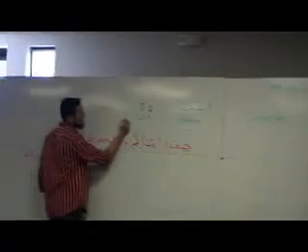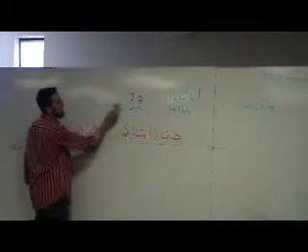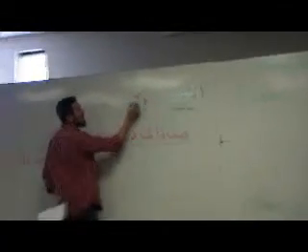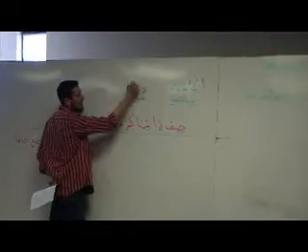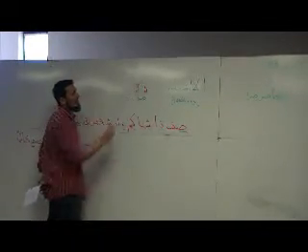Okay. These letters are glorified, right? Now, remember what you're going to do. Whenever you have a noon sakina followed by a letter of ikhfa, as I said, you're going to drop the tongue part, and you're going to keep the ghunna.